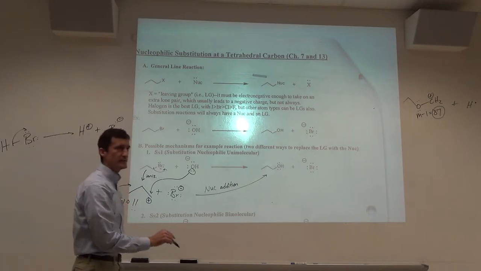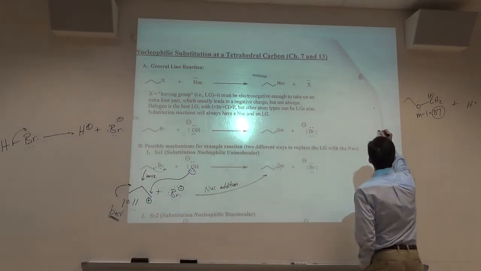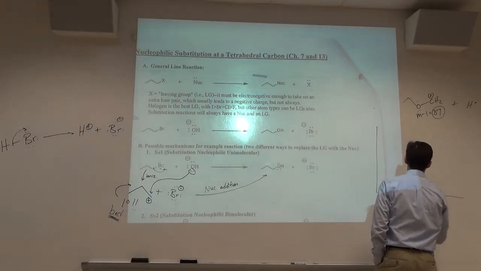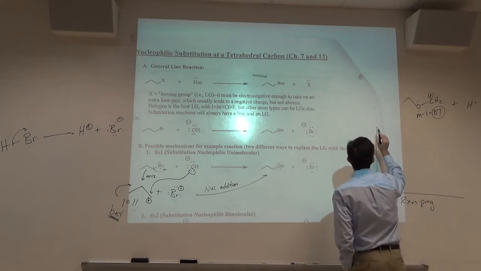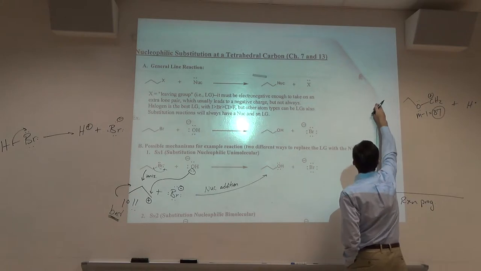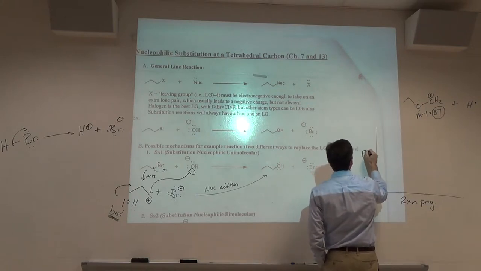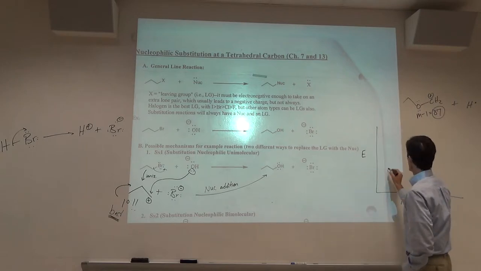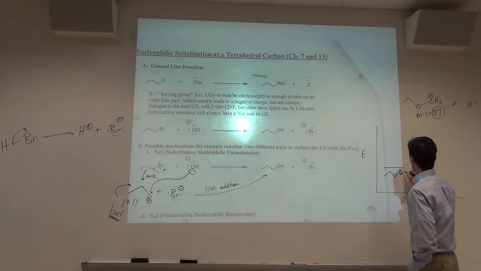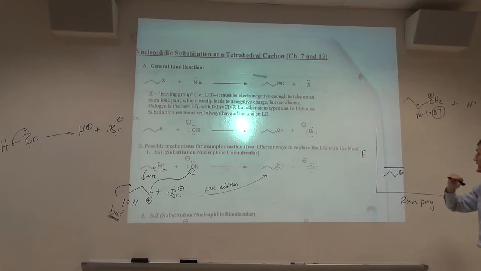Let's do a reaction coordinate diagram for this mechanism. Reaction progress. Some type of energy here. We started out with alkyl bromide. That is an alkyl bromide, right?